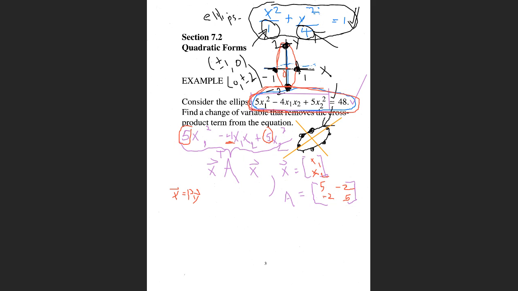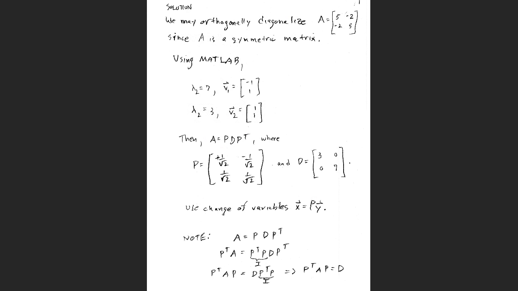So let's go to the solution here. First of all, the matrix A we know is 5, -2, -2, 5. We can orthogonally diagonalize that matrix A since it's a symmetric matrix. We can use MATLAB to get our eigenvalues and eigenvectors.